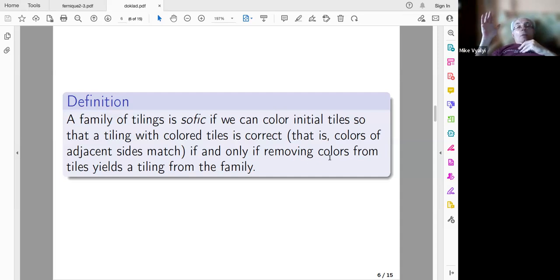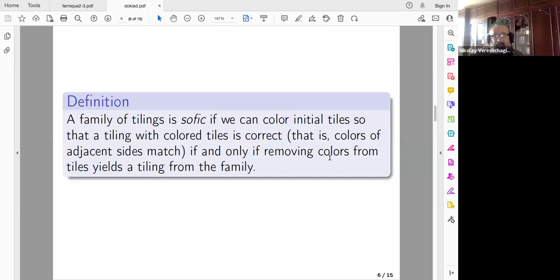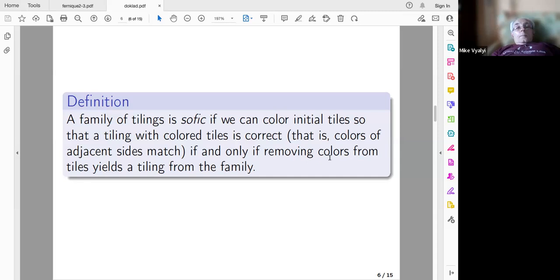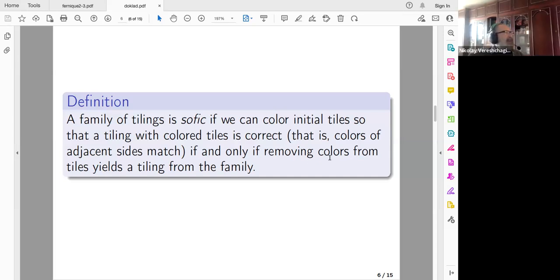My question was mainly about the universal quantifier. Each tiling from this family should be such that it is possible to color it and produce the correct tiling. Right. For each tiling in the family, we find its coloring. And local rules may be different for different tilings? Misha, local rules are fixed.